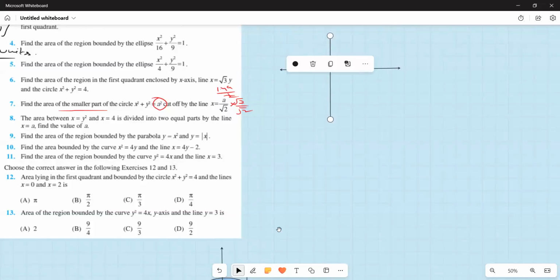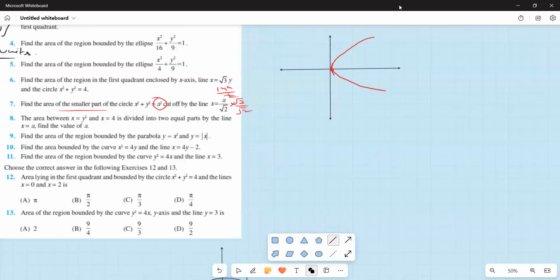Now, this is this parabola. Then x is equal to 4, this is your x is equal to 4, and this area is equally divided by this line x is equal to 2.